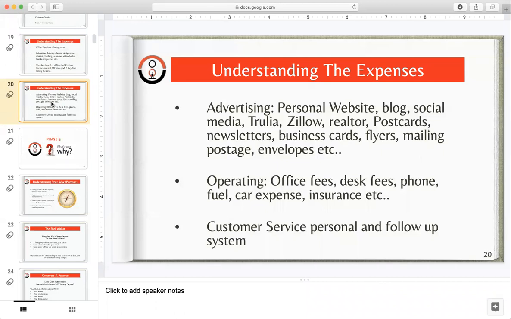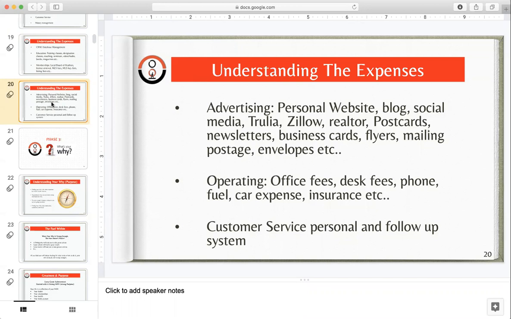But you need to understand from the beginning, there's a lot of stuff that you're not even thinking about right now. For example, advertising expenses and a personal website. You need your own website, and you can create your own blog on it. You will eventually need to put some money into social media, if you know how to do it, or hire someone else who does.